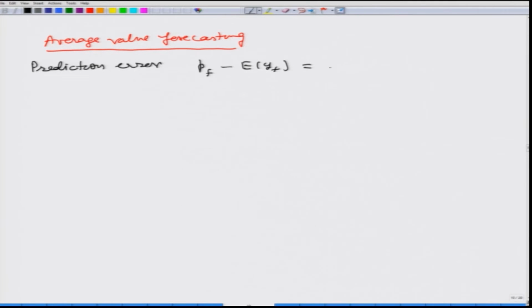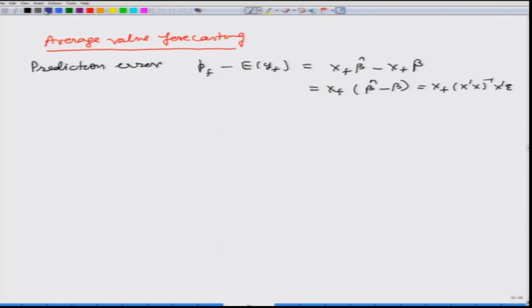This is equal to Xf beta hat minus Xf beta, and this can be written as Xf (beta hat minus beta), and that is equal to Xf (X transpose X) whole inverse X transpose epsilon. Right. You may recall that beta hat minus beta is equal to (X transpose X) whole inverse X transpose epsilon. Okay.